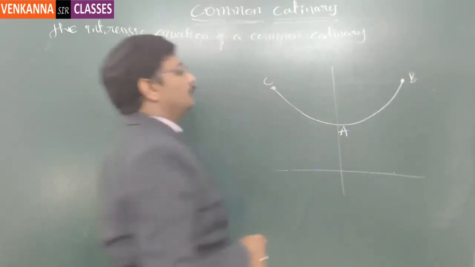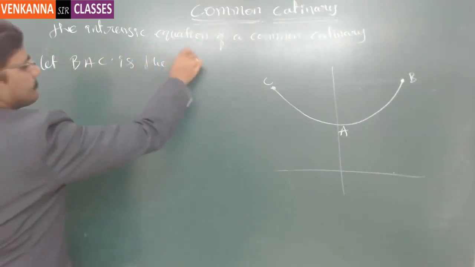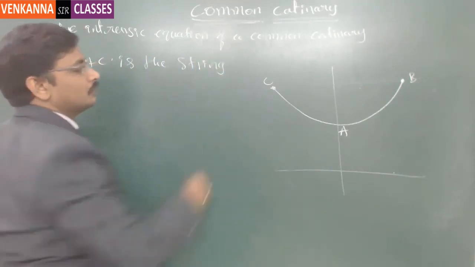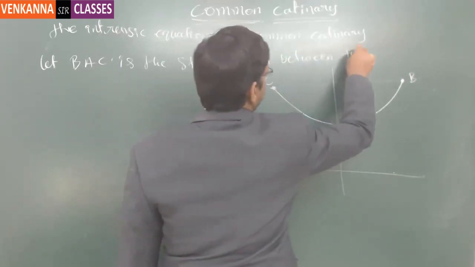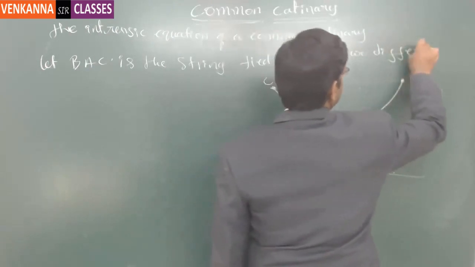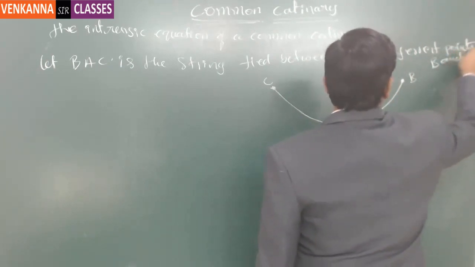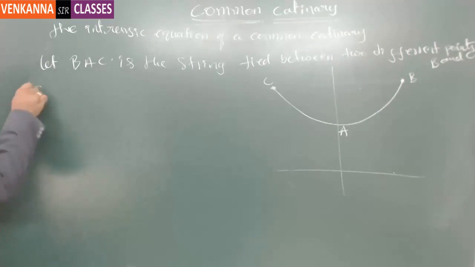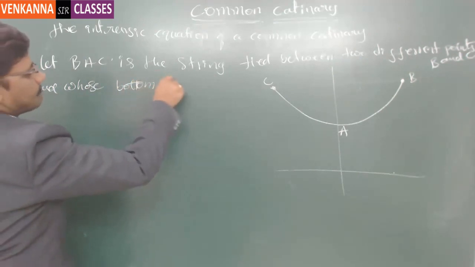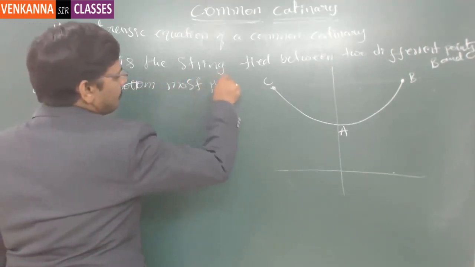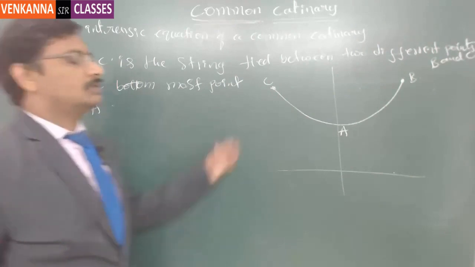So let BAC be the string tied between two different points B and C, and whose bottommost point is at A. This is the string that we have considered.